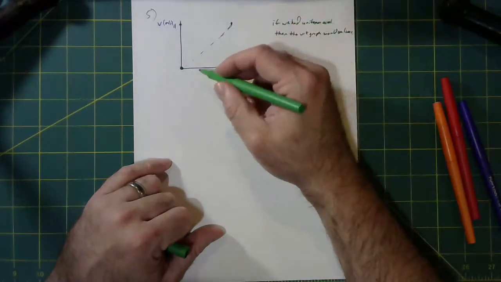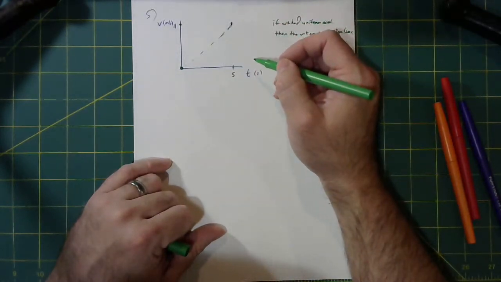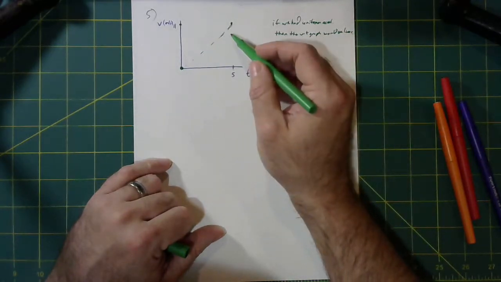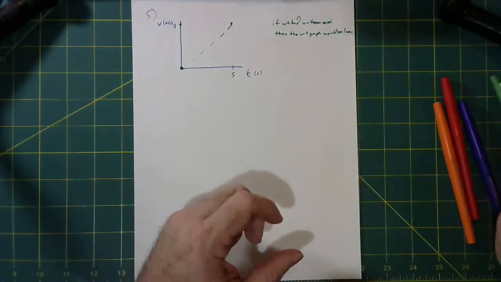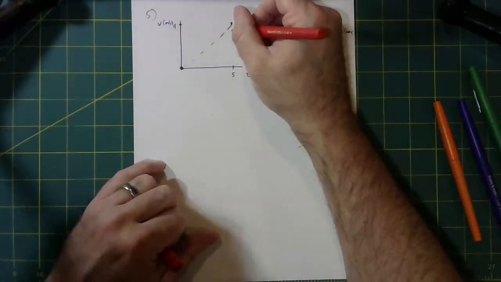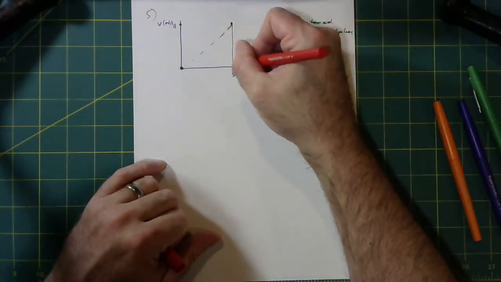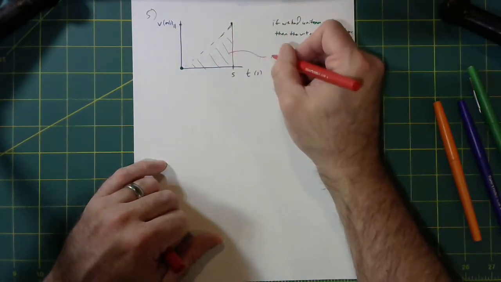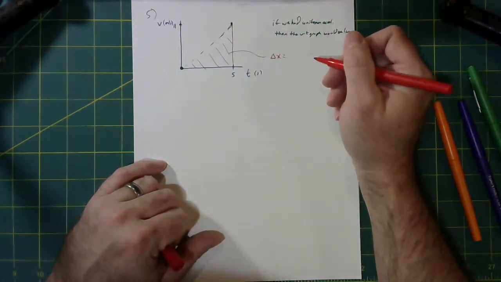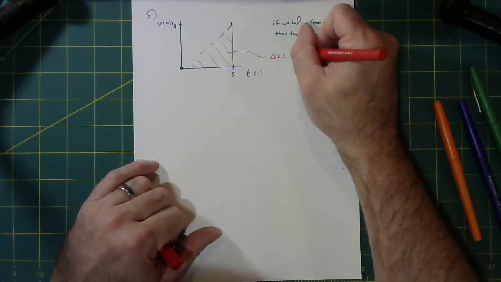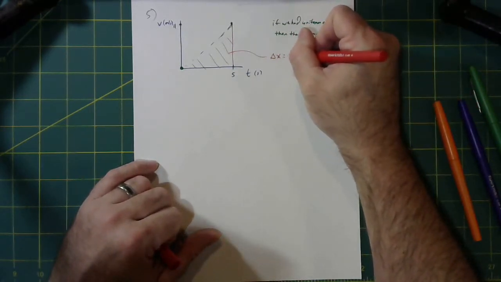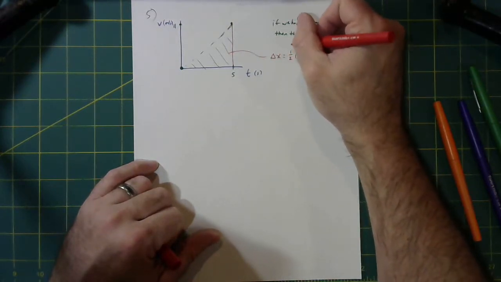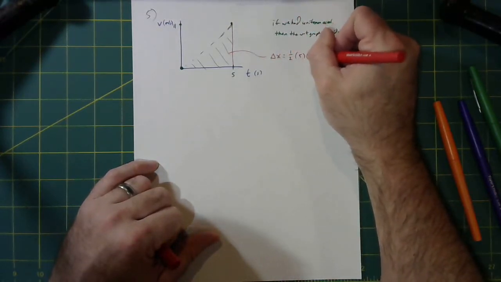Now, if this was a linear VT graph, then on a VT graph, isn't the area under it the displacement? And if that area is the displacement, it's a triangle, so it'd be 1/2 base times height, half of 5 times 11.